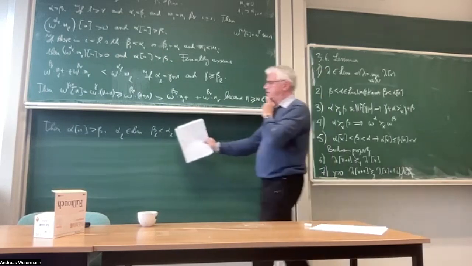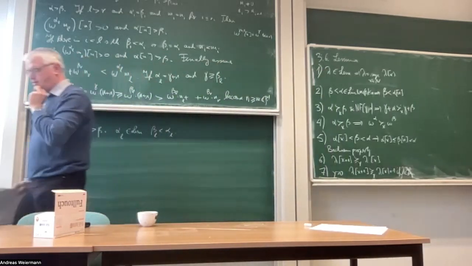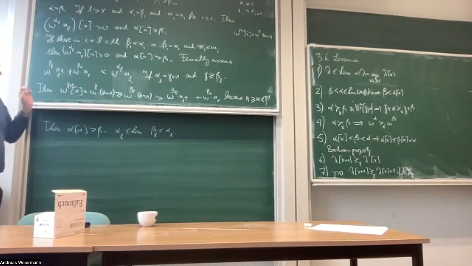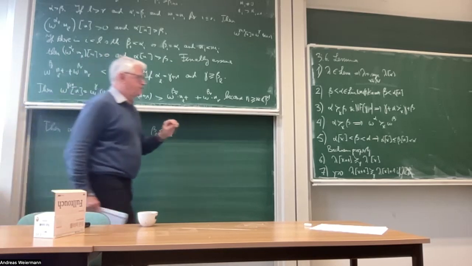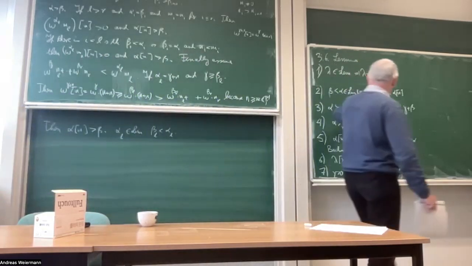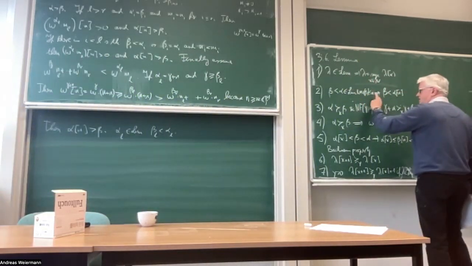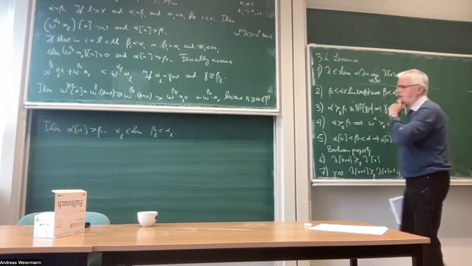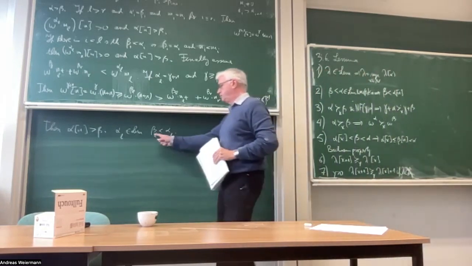Beta L is a subterm of beta. So the maximal coefficient of beta L is also bounded by the maximal coefficient of beta, therefore bounded by n. Now we have beta L smaller than alpha L.